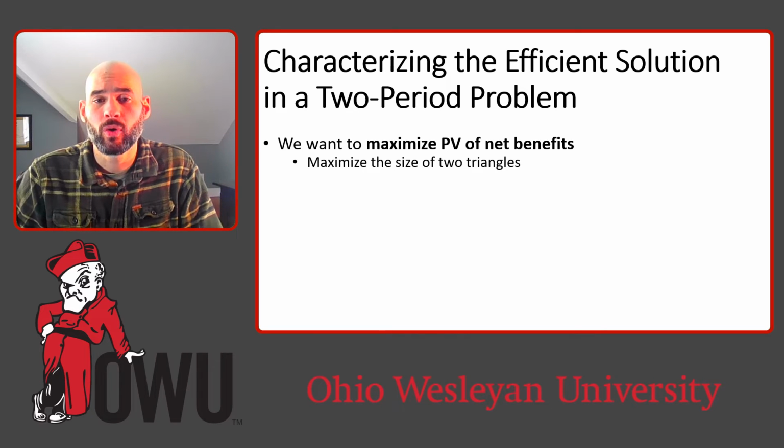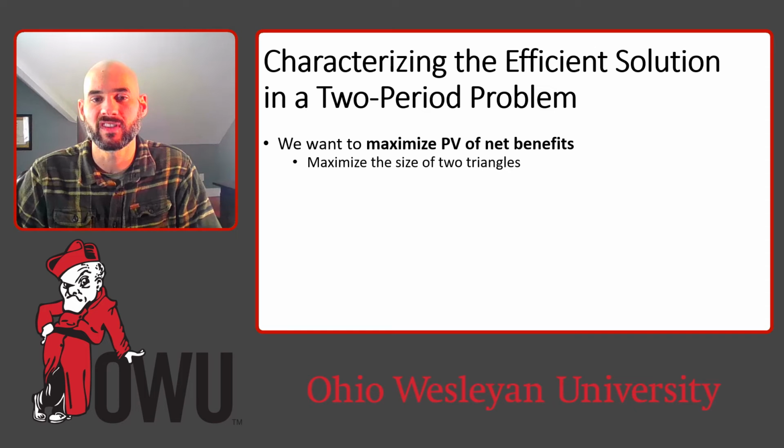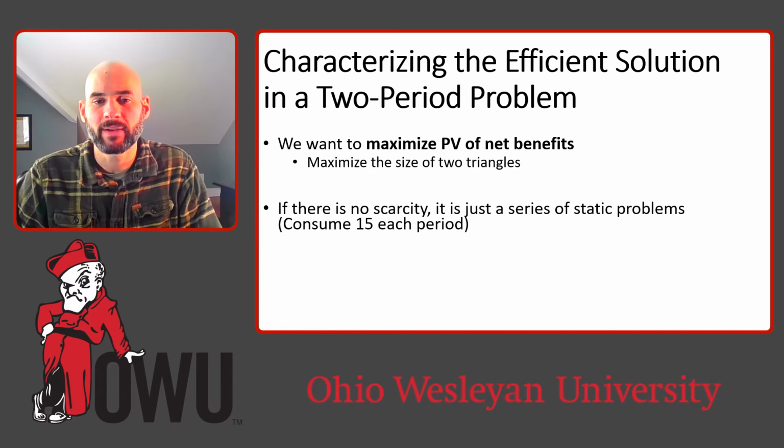Well, our end goal is to maximize the present value of the net benefits, being maximizing the size of 2 triangles, right? So both of the triangles in the static framework. And if there's no scarcity, it's just a series of static problems, consume 15 in each time period.